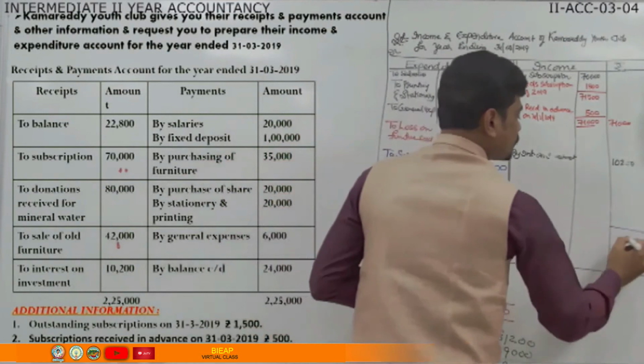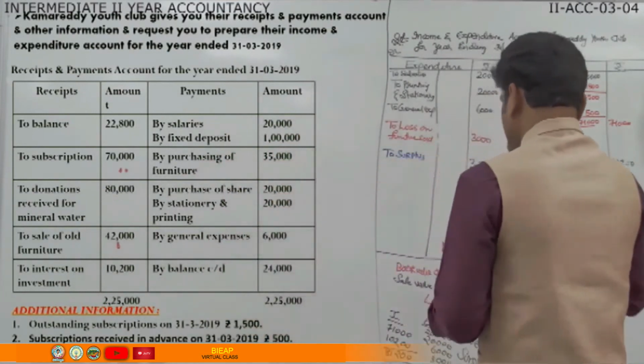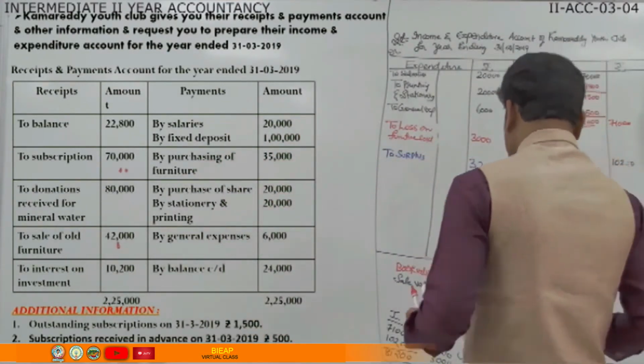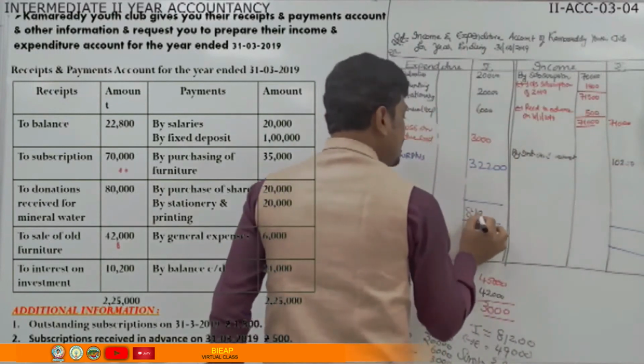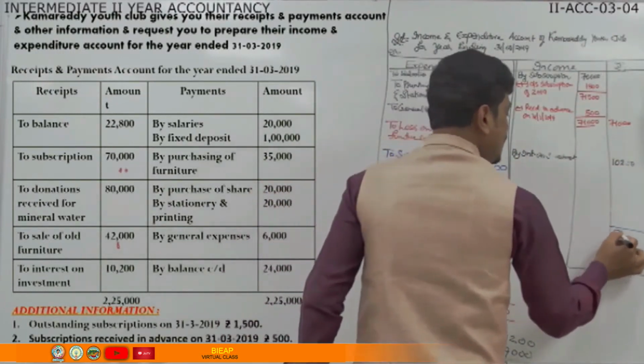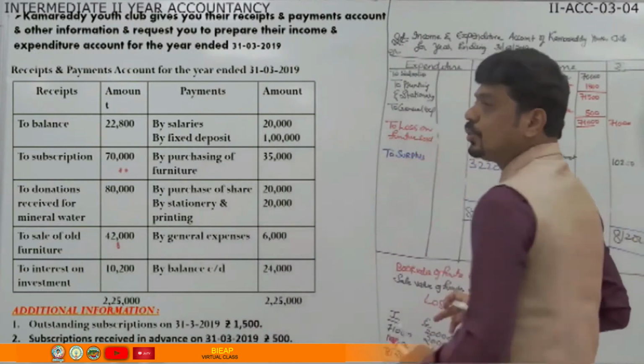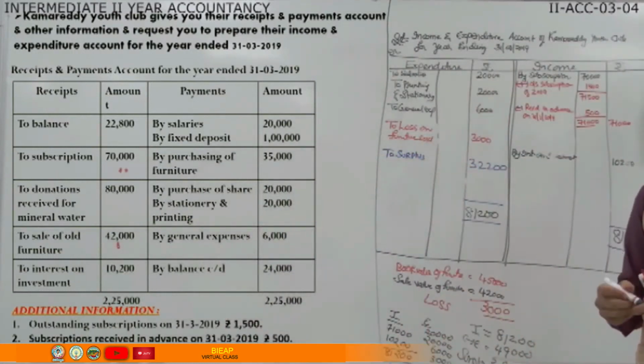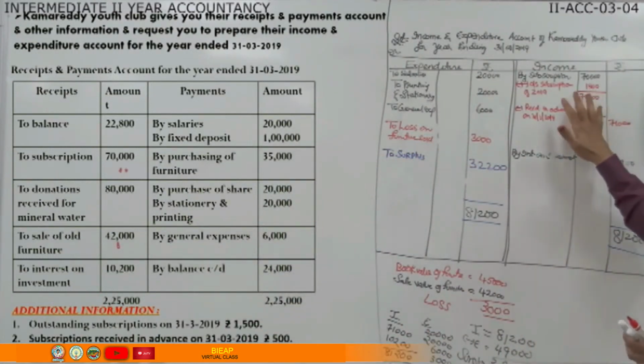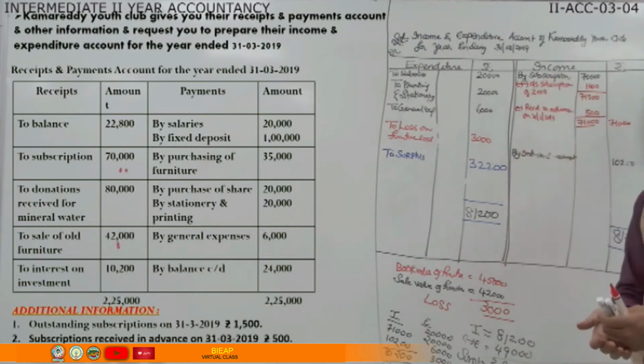Close it. If we close, the total amount we are going to write on both sides is 81,200, 81,200.